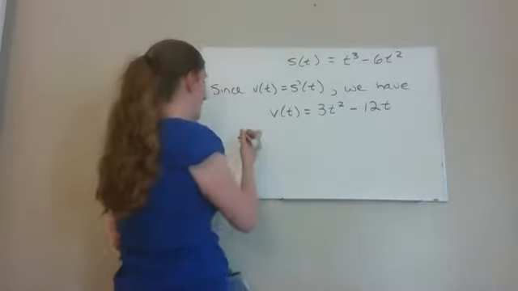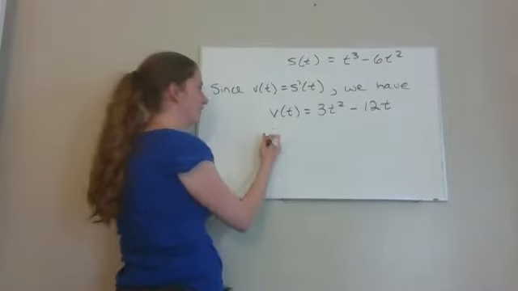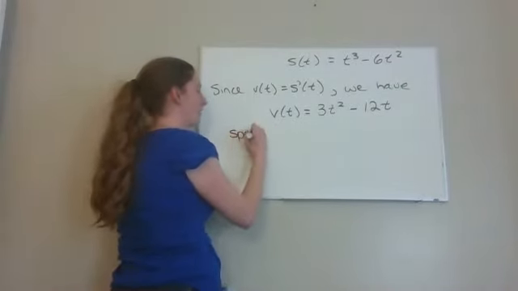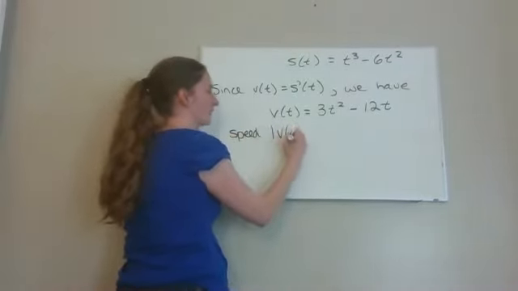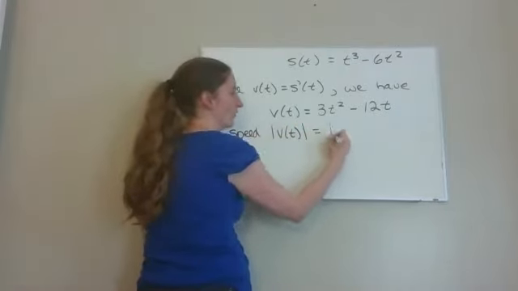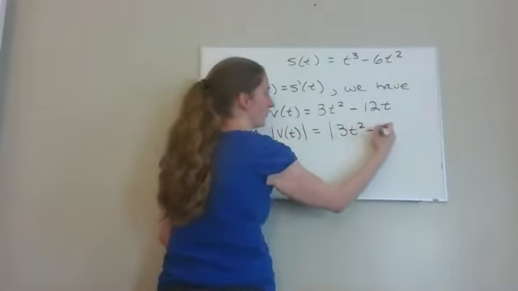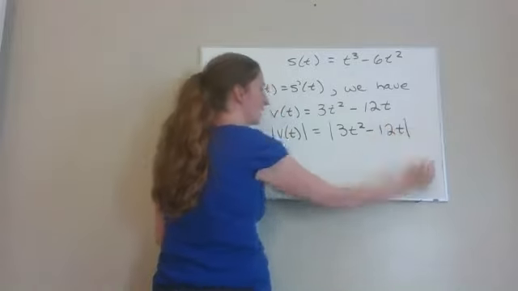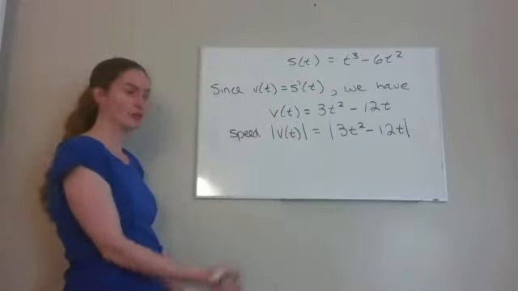Well, then I know that my speed is equal to the absolute value of velocity. So I would just have the absolute value of 3t squared minus 12t for my speed function.